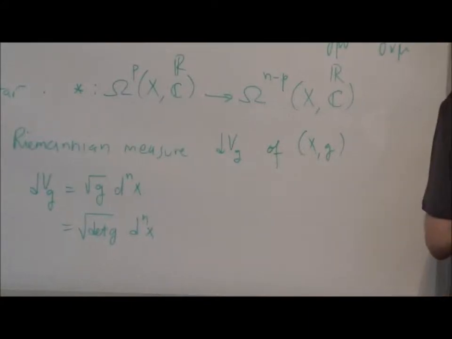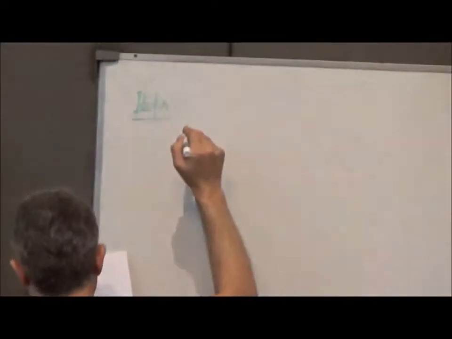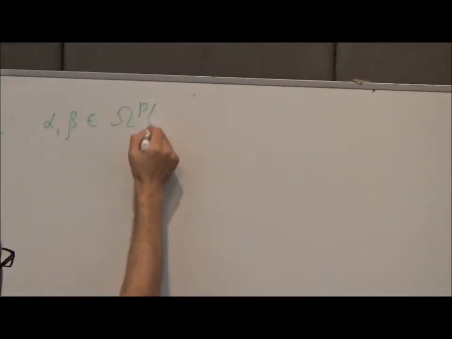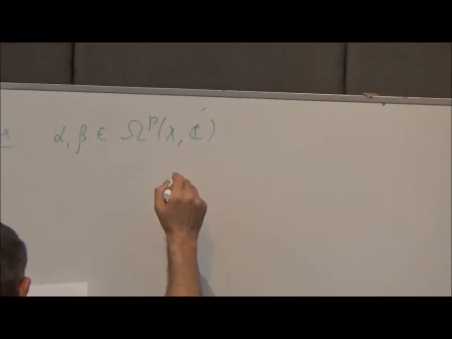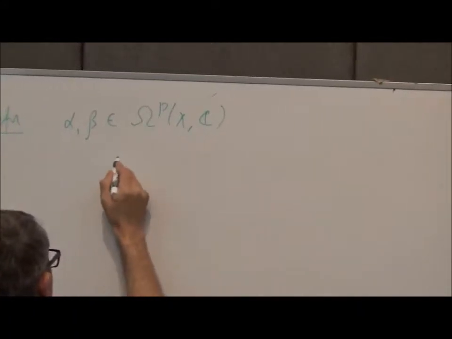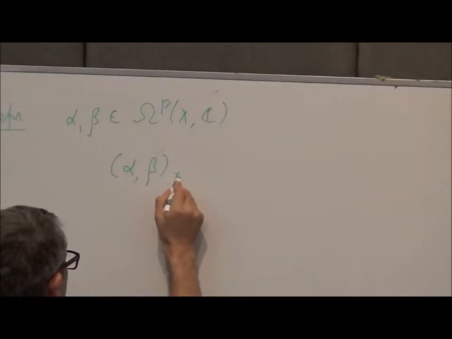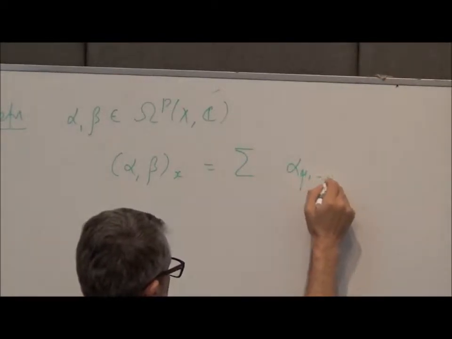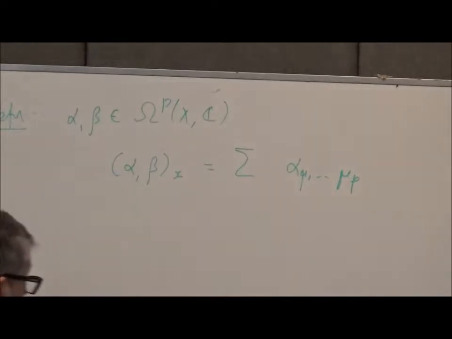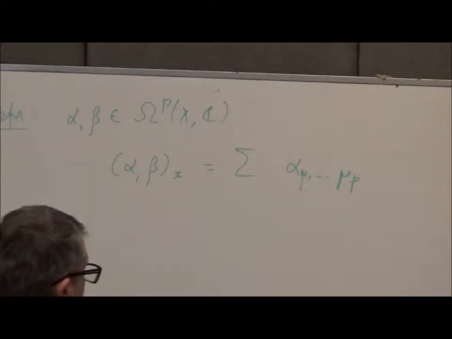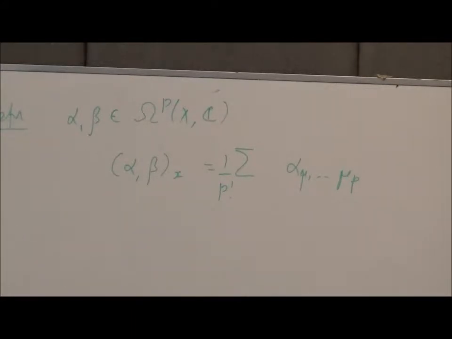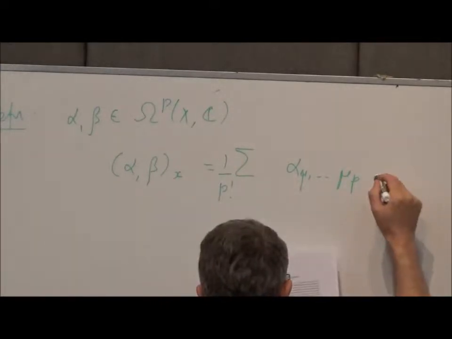Definition. Alpha, beta, p forms, complex valued, and then we set the inner product of alpha and beta at point x to equal the sum of alpha with indices u1 through up. There's probably a 1 over p factorial here, you have to forgive me. Like I said, I'm adopting Nathan's normalization conventions, so put any number you like there.